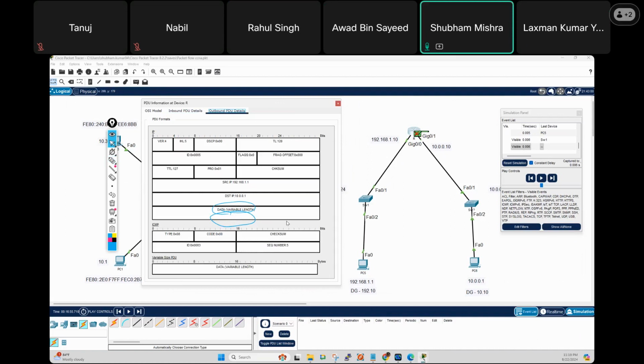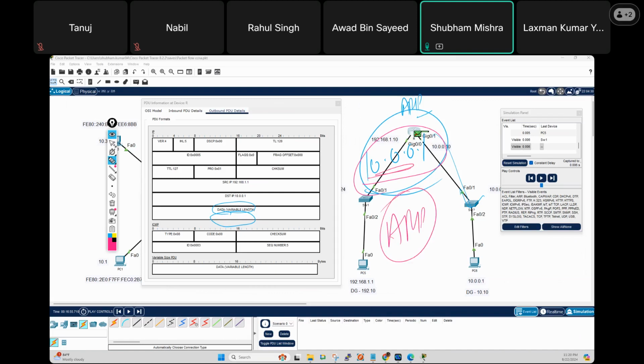And the destination IP address is 10.0.0.1. Now this router opens its ARP table and tries to find out whether it has the MAC address of 10.0.0.1, because this router modifies your packet and then forwards it towards this network. So the router will check the destination IP address, 10.0.0.1, and try to find the MAC address of this IP address in which table? The ARP table.